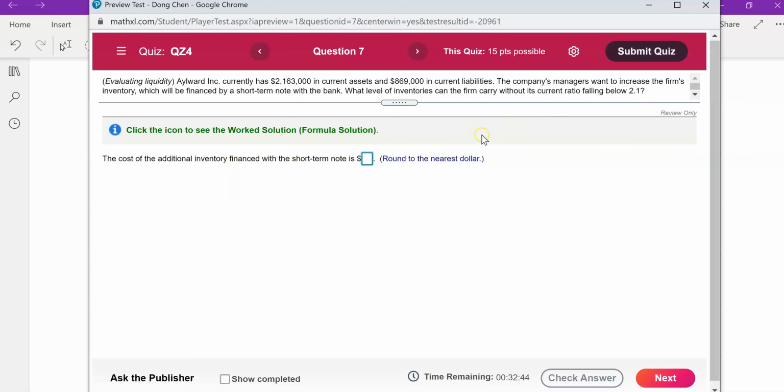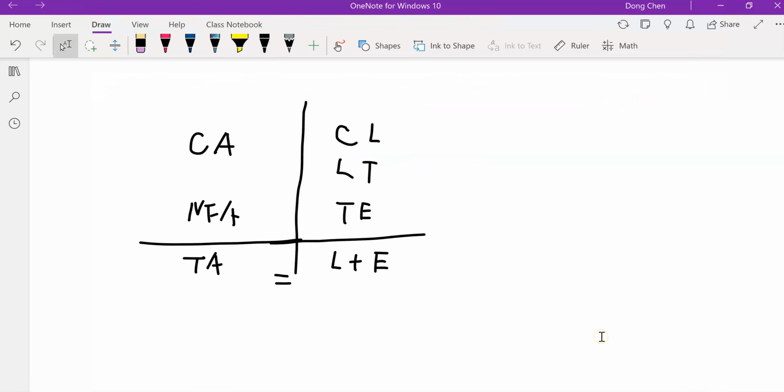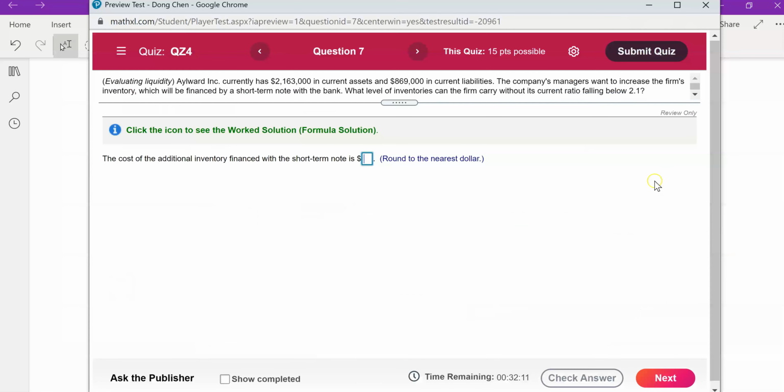So that suggests we can just equate the current ratio to 2.1. Because current ratio is defined as current assets divided by current liabilities, and we want to alter some items within the current assets and some items within the current liabilities to make this 2.1. So that's the equation we can write down based on the setup.